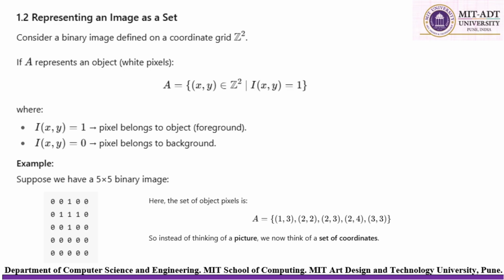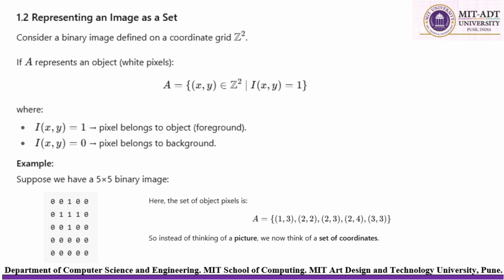So this set is represented as A is equal to the pair (x, y) such that it belongs to Z square, and here I of (x, y), that is the intensity of the pixel at position (x, y), is equal to 1. This is nothing but the representation of the object of the image which has white color.